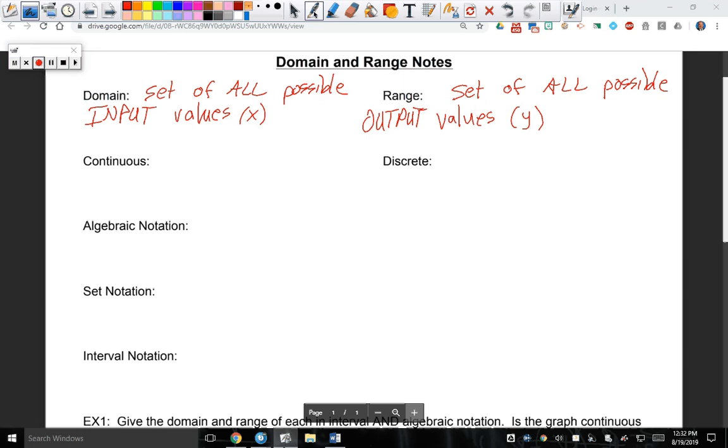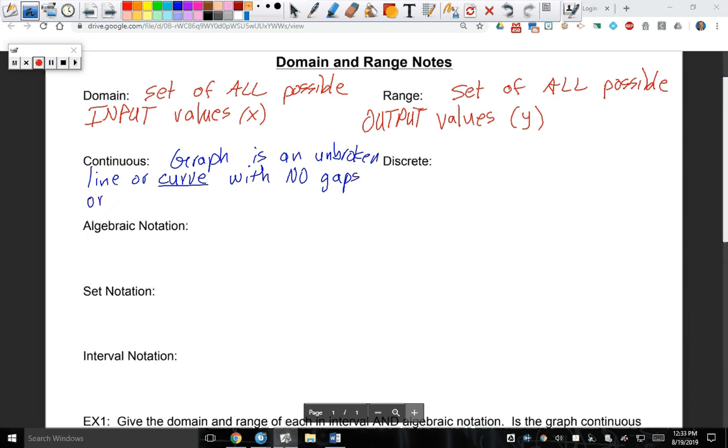Okay? Alright, so now let's move on to what we were talking about last class, dealing with continuous. A continuous graph is an unbroken line or curve, because a lot of them are not lines. They could be different shapes, with no gaps or breaks. And if you wanted to write, drawing a graph without lifting up your pencil, you're more than welcome to.